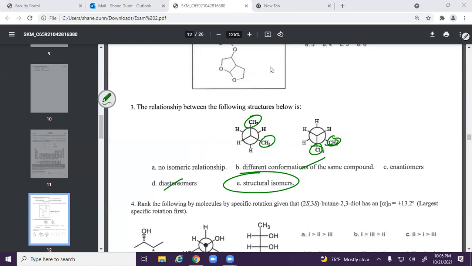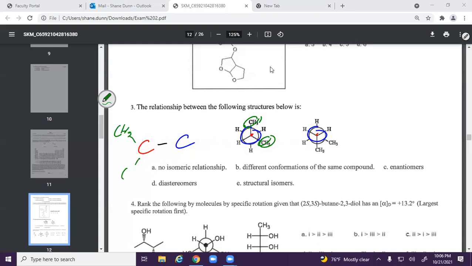Does that make sense or no? Not really? Okay. Let's do this. Red, red, blue, blue. Red carbon bonded to a blue carbon. So here, here. So CH3, CH3. Red, oh, nope, that's not red.